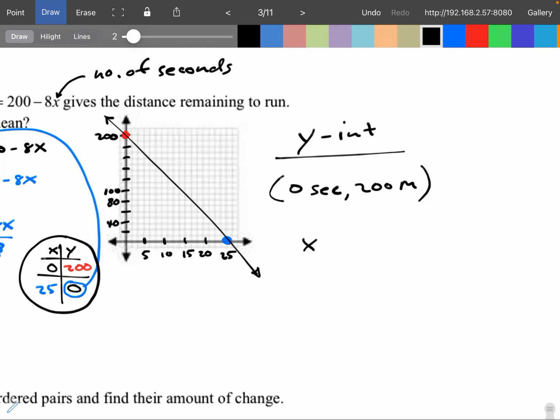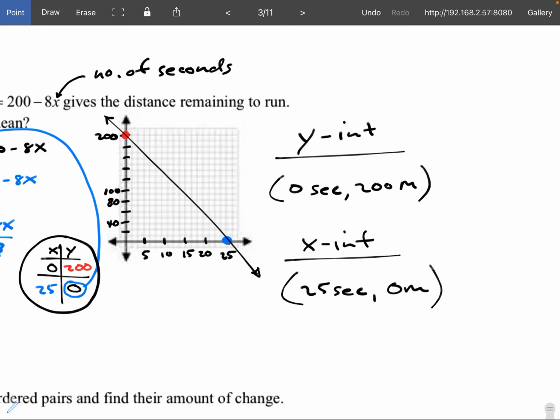So if I write those two intercepts over here for you real quick, they would look like this. The y-intercept, that would be 0 seconds, comma, 200 meters. And then the x-intercept, that is 25 seconds and 0 meters.